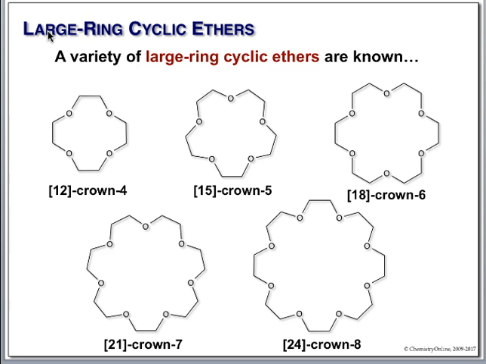But the thing that is really neat about them is that they have a hole in the middle, don't they? Now, what do you do with a molecule with a hole in the middle? Especially if you have Lewis bases all around the outside. Well, you stick the Lewis acid in the middle.